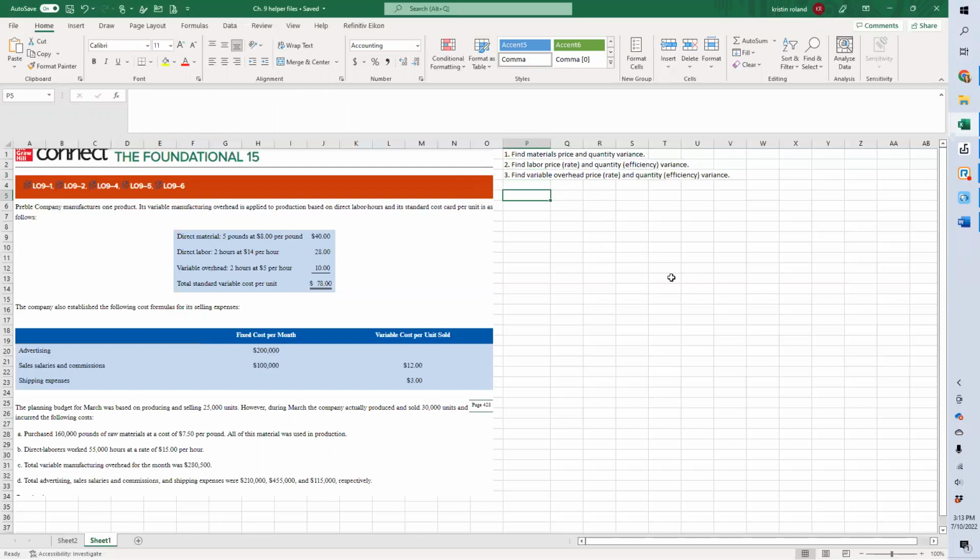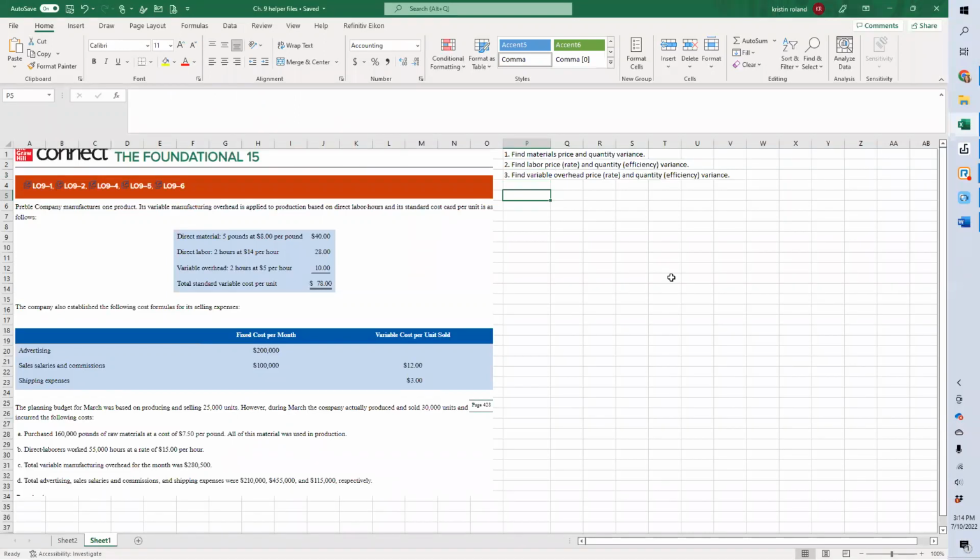Its variable overhead is applied to production based on direct labor hours, and its standard cost card per unit, that means per unit of output, is as follows. They don't tell us what kind of product, so let's just assume that we're back to our chair example.